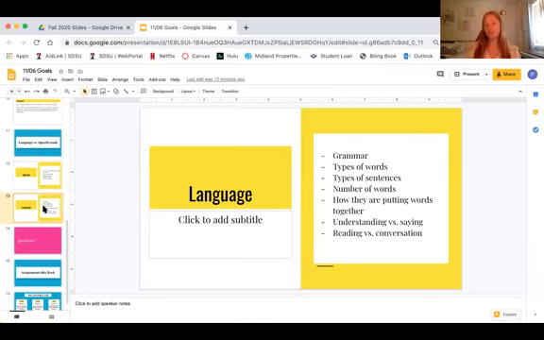Understanding versus saying. This is a difference between receptive, which is understanding, and expressive, which is saying. A lot of the time you're going to understand a lot more than you can say. I'm sure if you've ever taken a foreign language, you've experienced this yourself. I sign, and if somebody signs to me, I can understand what they're saying.